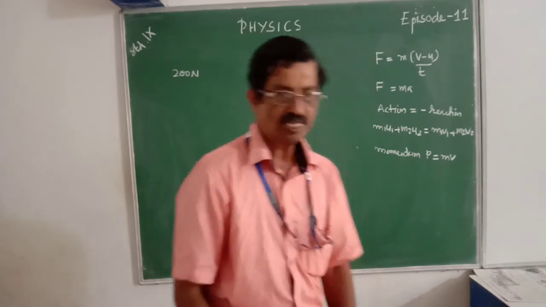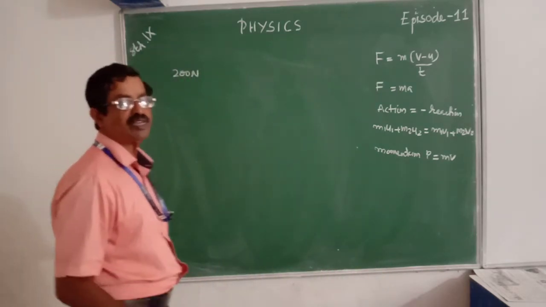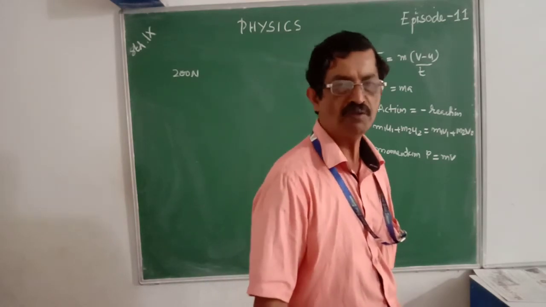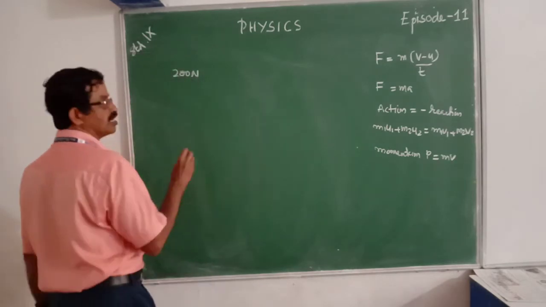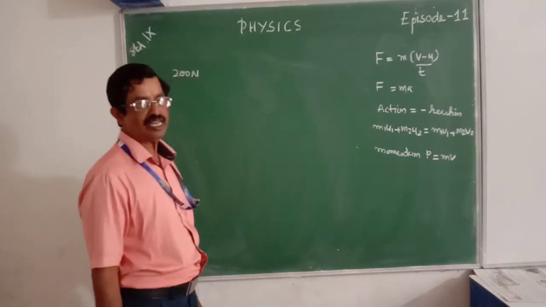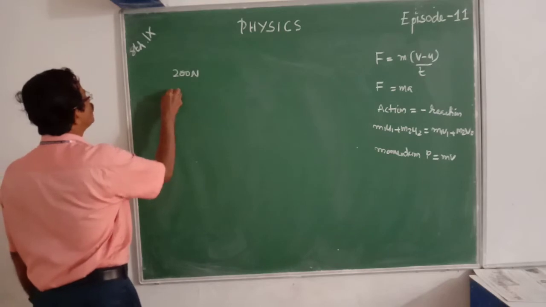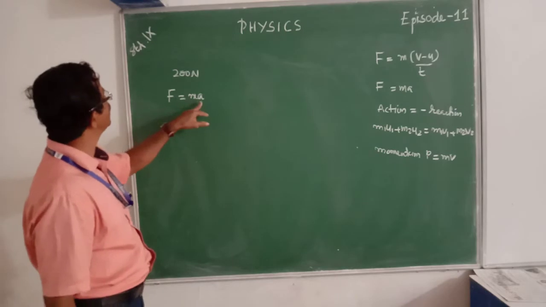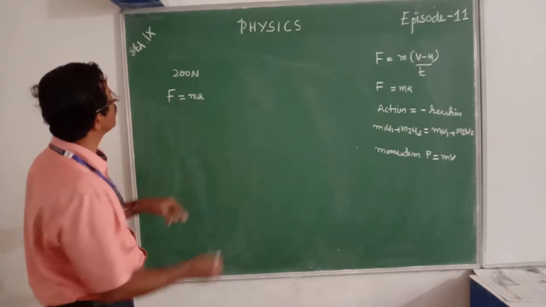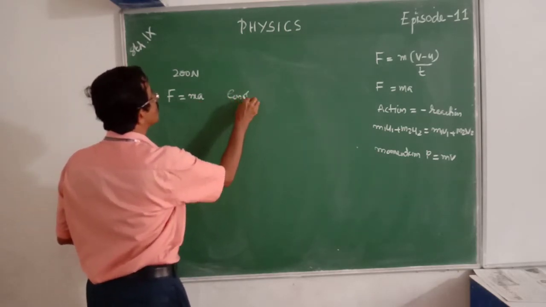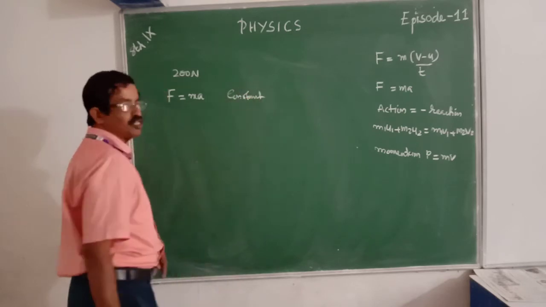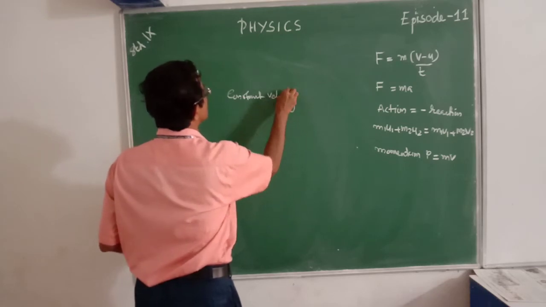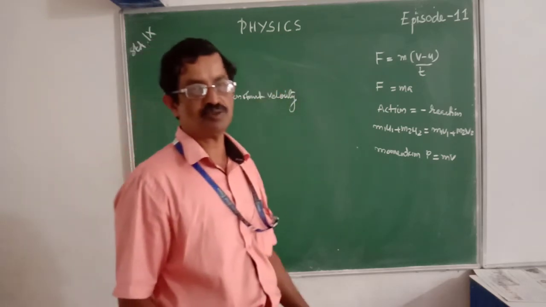Here you see the cabinet is moving with a constant velocity. So that does not produce any acceleration. Hence, force F is equal to, we know, ma. From this relation, since it is moving with a constant velocity, acceleration is 0.